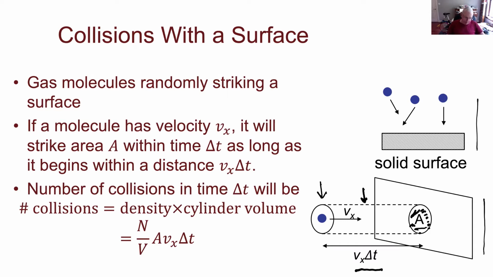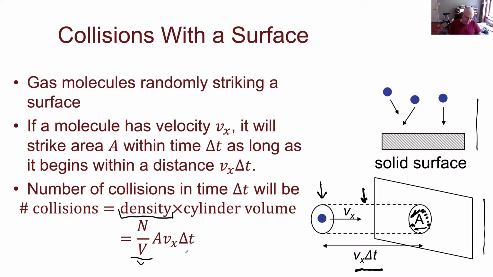To get the number of molecules that'll strike my surface, I have to do the following. Down here, where it says density in this statement, what it means is number density, okay? Number density is just number of molecules per unit volume. So instead of more traditional mass density, this one is just molecules per unit volume. So N over V will get us there. N is number of molecules, V is my volume.